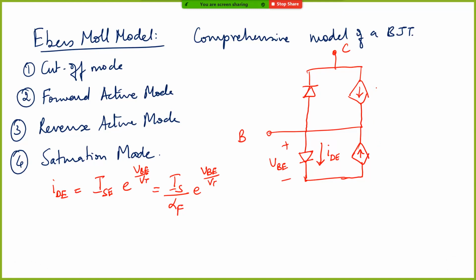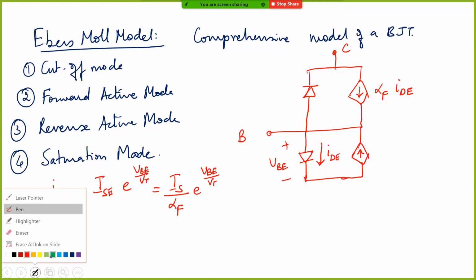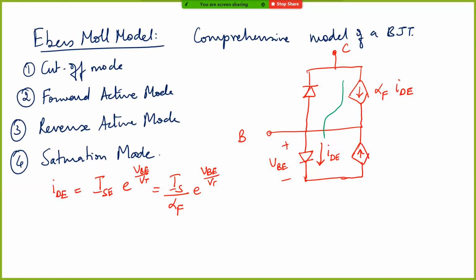Let's just write it in terms of alpha, which makes life a little easier. Alpha F times IDE, since IDE is what we have in the forward active mode. So this is the forward active mode current direction.